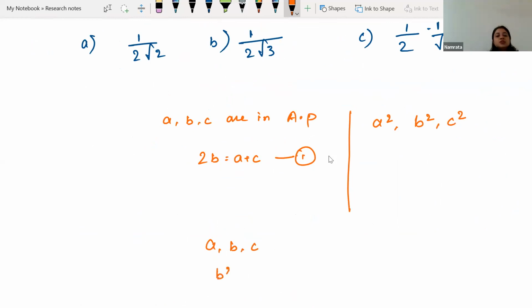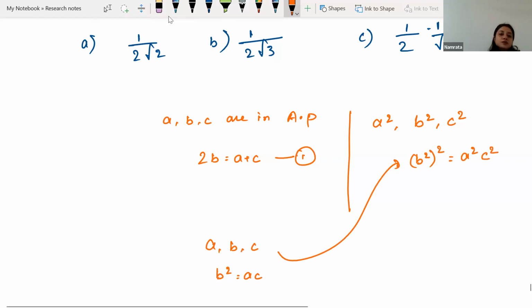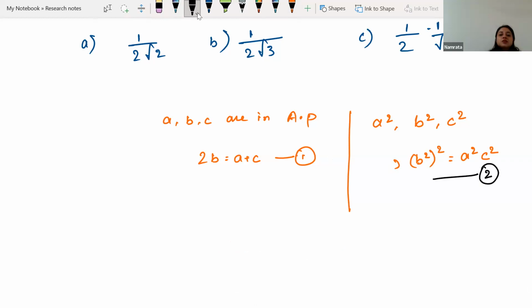Do you know this? Yes, ma'am. Let's apply it over here. So B square, that means this middle term's square is equal to this. Is it clear so far? Is it clear, Lina? Let's give it a name, equation number 2.